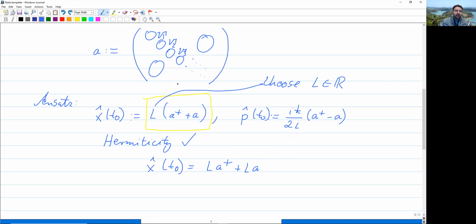So generally, the strategy is going to be that whenever we make an ansatz, we just add the Hermitian conjugate to it, and that will guarantee that we have hermiticity.